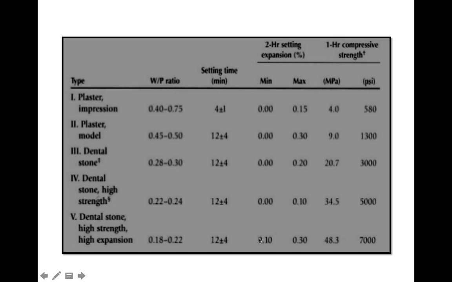Once it was asked as a question in one of the entrance examinations. For the rest, the minimum expansion percentage after 2 hours is 0, whereas type 5 is the exception, that is 0.10. And the maximum varies: 0.15 for type 1, 0.30 for type 2, 0.20 for type 3, 0.10 for type 4, and 0.30 for type 5.